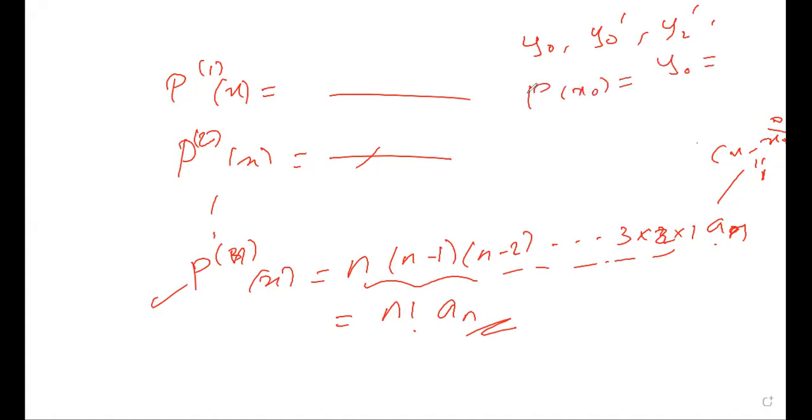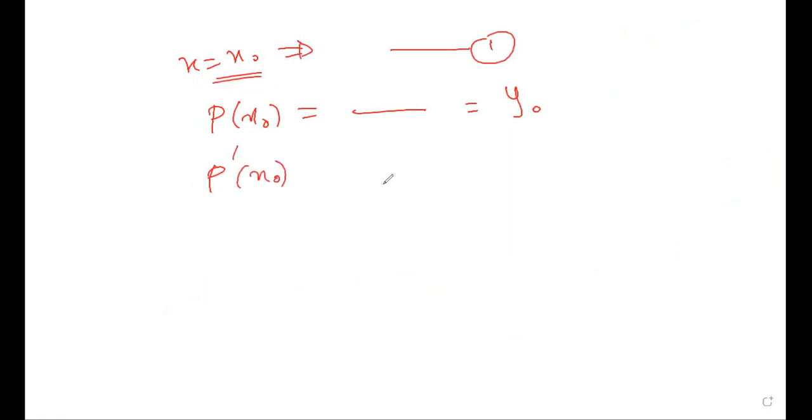So what is P x naught? I will erase this one and write again. So at x equal to x naught, what is P x naught? This is equal to y naught. If you substitute in our main equation 1 as x equal to x naught, what you'll get? Similarly, P dash x naught, which we call y naught 1, substitute x naught at the P dash x.